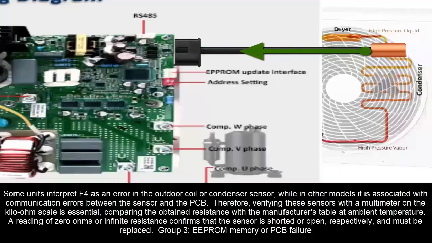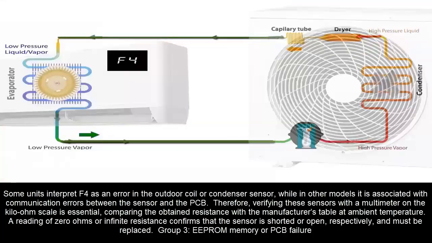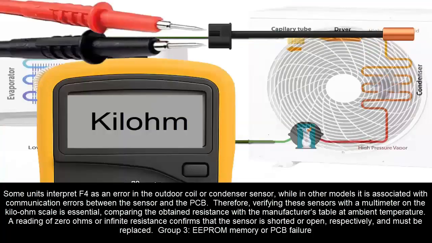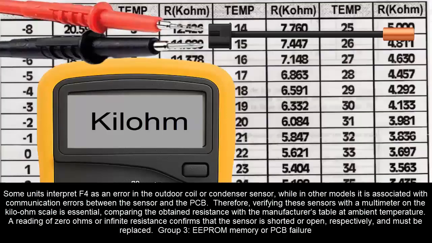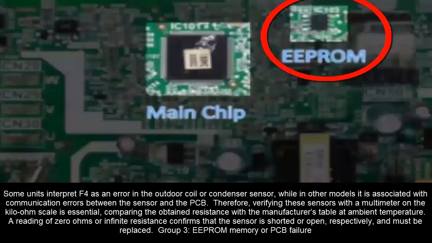Therefore, verifying these sensors with a multimeter on the kilo-ohm scale is essential, comparing the resistance obtained with the manufacturer's table at ambient temperature. A reading of 0 ohms or infinite resistance confirms that the sensor is shorted or open, respectively, and must be replaced.